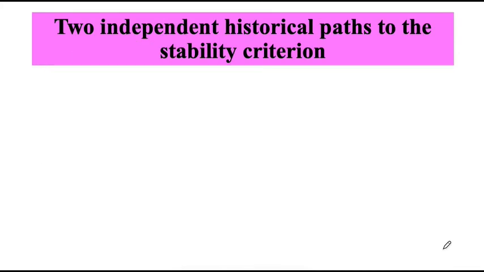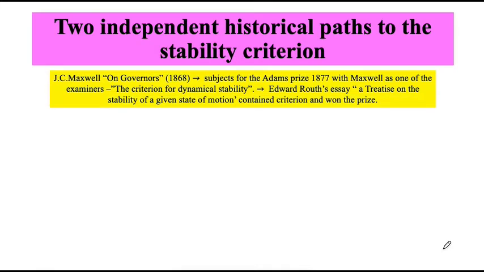This analysis by Maxwell led to the subject of the Adams Prize in 1877, with Maxwell being one of the examiners. The problem thrown at mathematicians was to find a general criterion for the dynamic stability of a system.